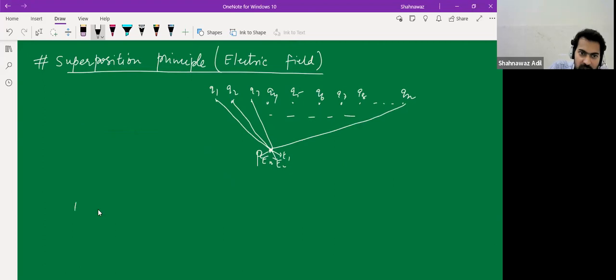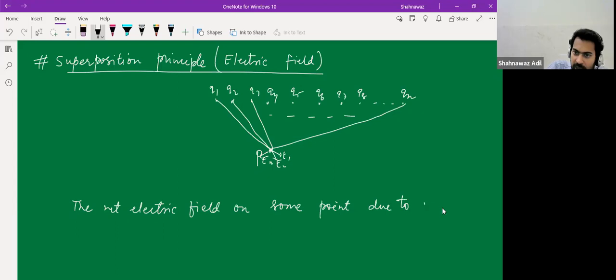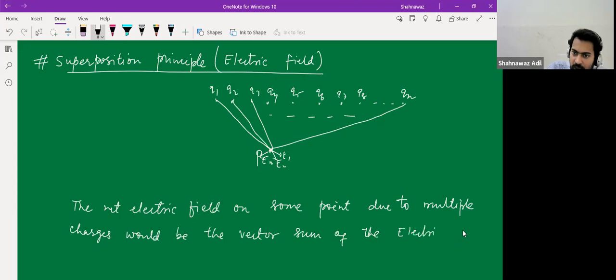so the net electric field on some point due to multiple charges would be the vector sum of the electric field due to the individual charges.